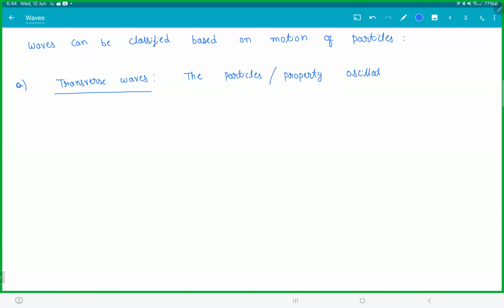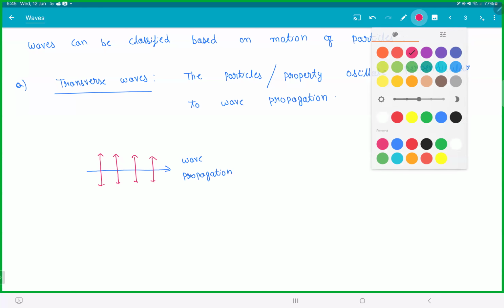They oscillate perpendicular to the wave propagation. That means if a wave is going left to right, the particles oscillate up and down like this.